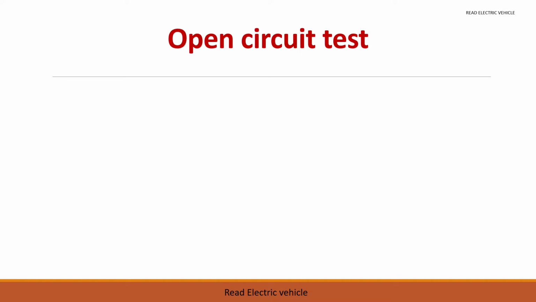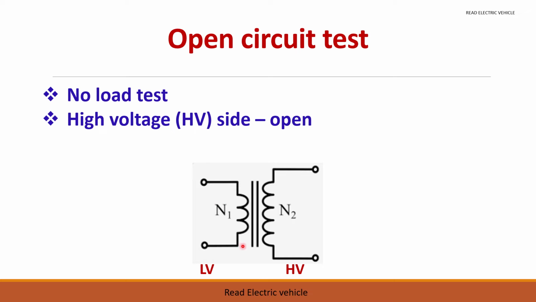Let us see about the open circuit test. Open circuit test is also called the no load test. In a transformer, we know there will be two types of windings: the low voltage winding and the high voltage winding, because of the transformation ratio. Depending upon whether it is a step up or step down transformer, the positions of the low voltage winding and high voltage winding will be different.